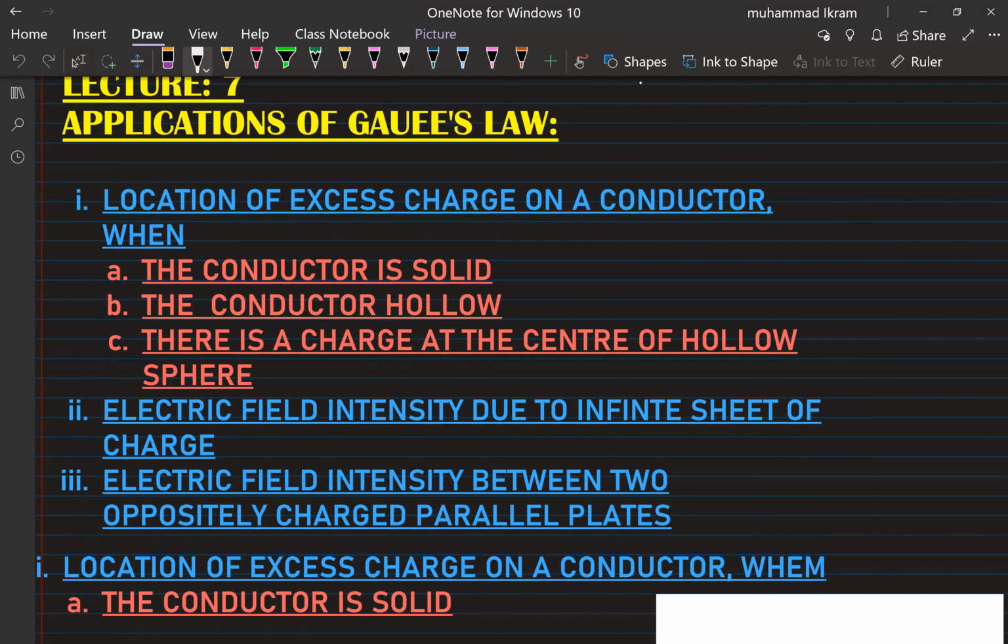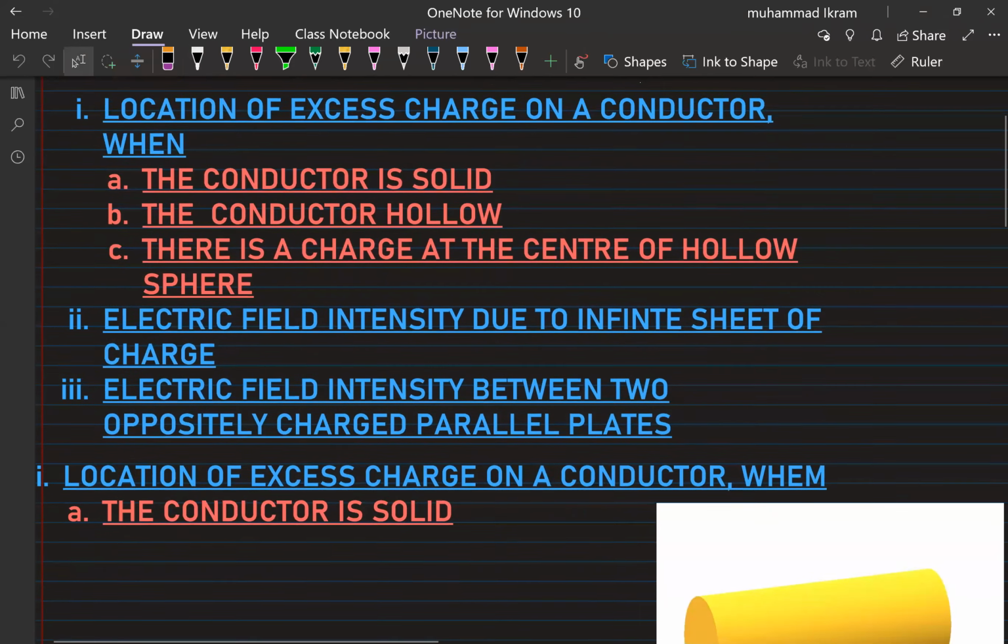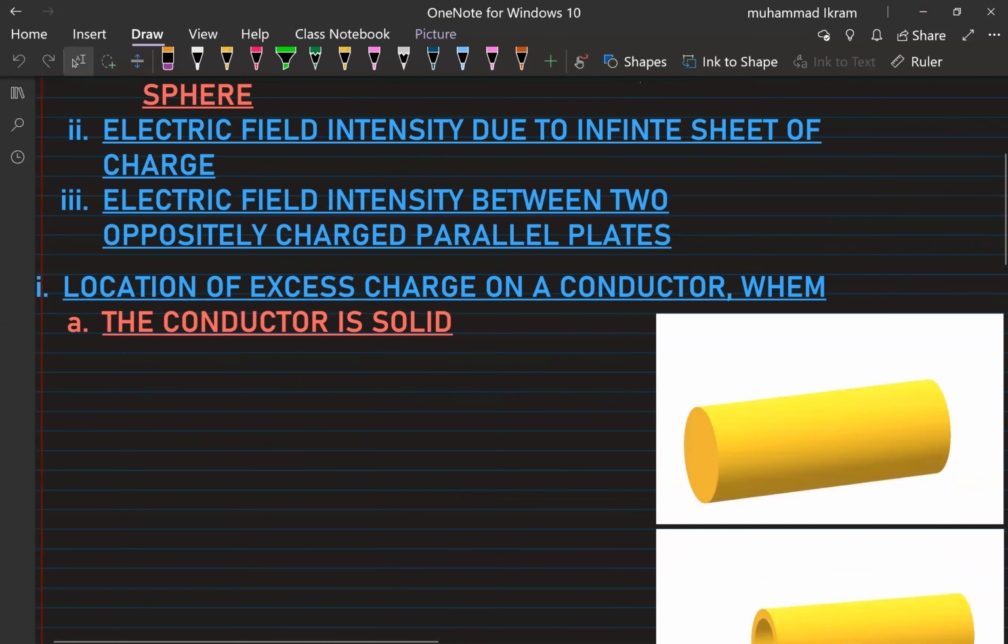Next, electric field intensity due to an infinite sheet of charge. Third, the electric field intensity between two oppositely charged parallel plates. These are our topics for today. I will try to finish all the topics. If some remain, then I will switch over to the next lecture.